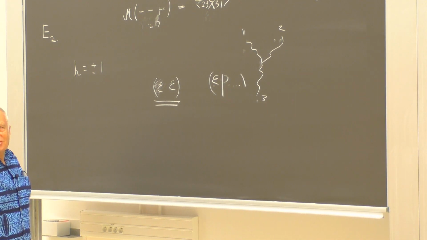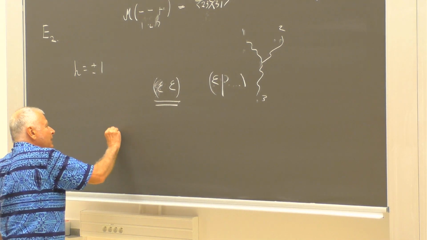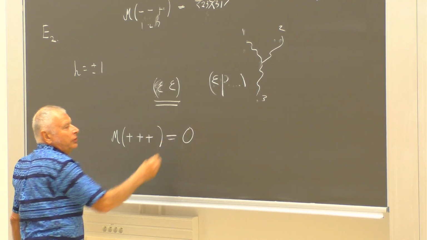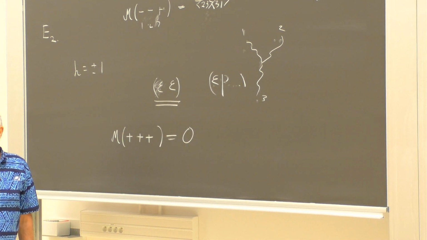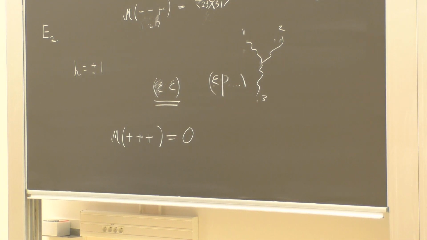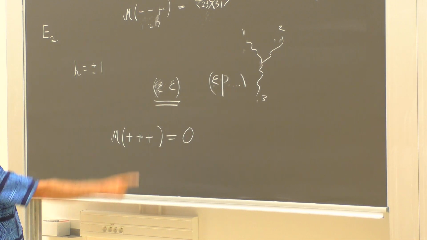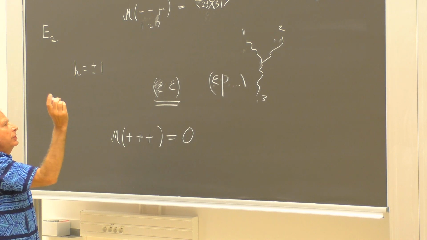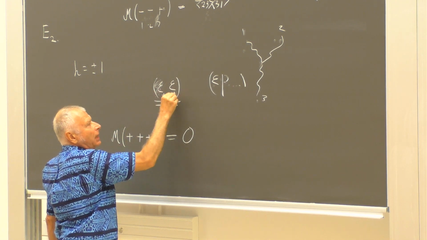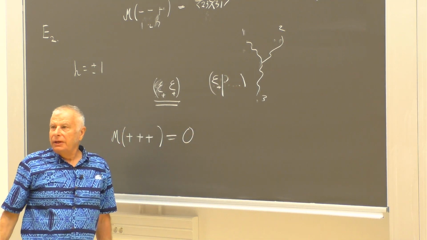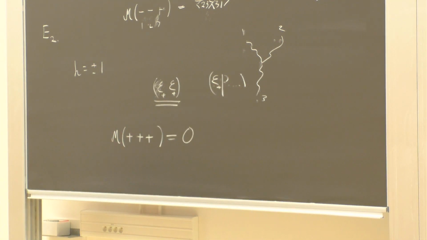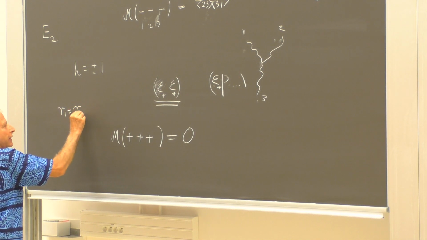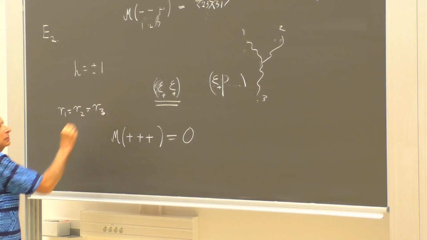So for example, if I take the 3-point amplitude M with plus, plus, plus, the same helicity, I told you it must be 0. How to see it? Well, if I choose the same reference vector for all of them, I can choose all reference spinors equal.